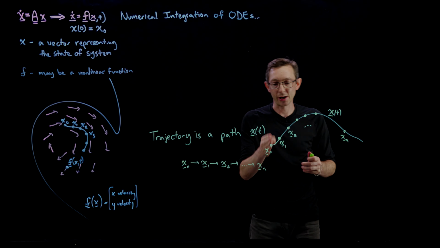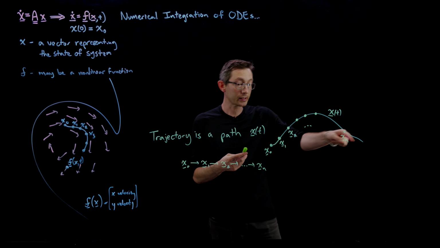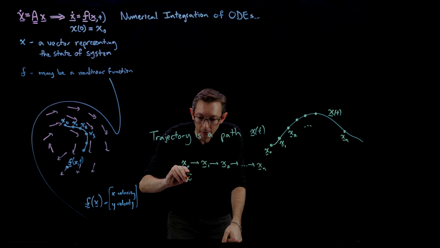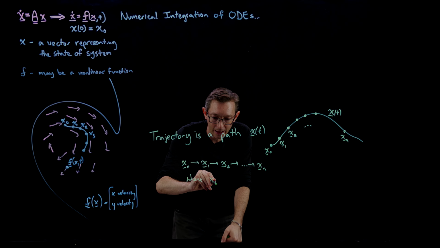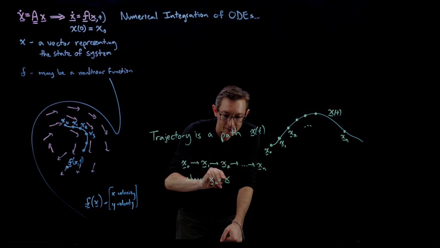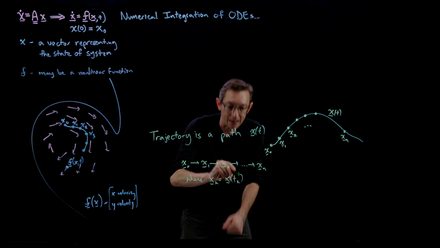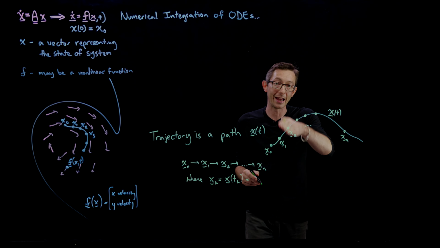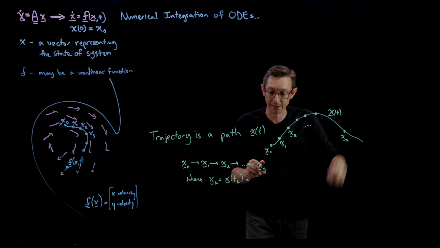So that's what I mean by a trajectory, a kind of either continuous or discrete path of points in time where xk is equal to x at some kth time instance. And oftentimes I'm going to say that these are sampled at a constant discrete delta t.